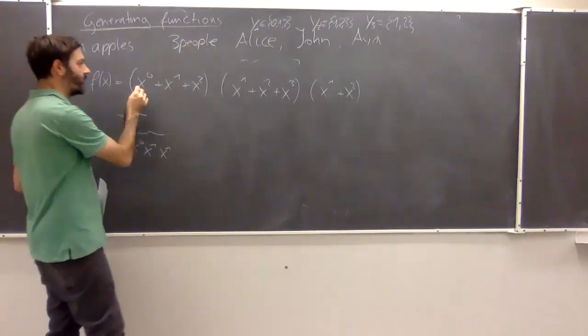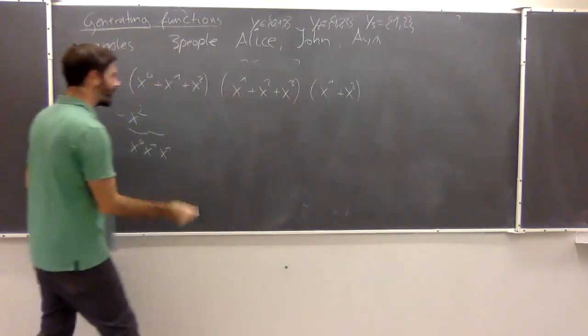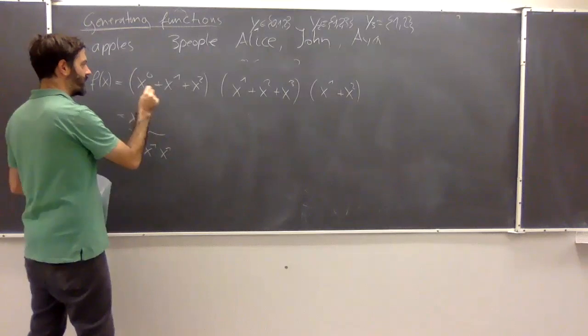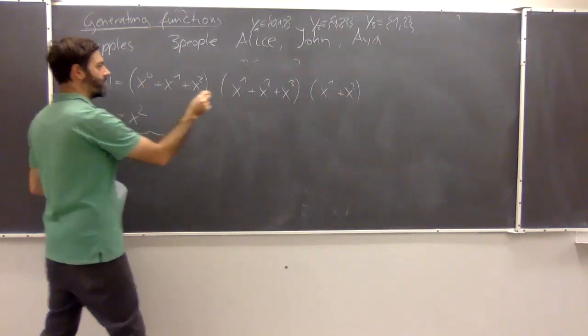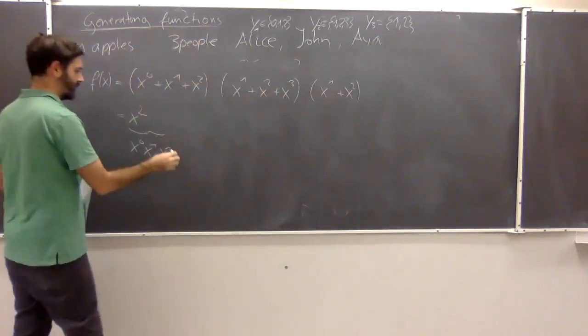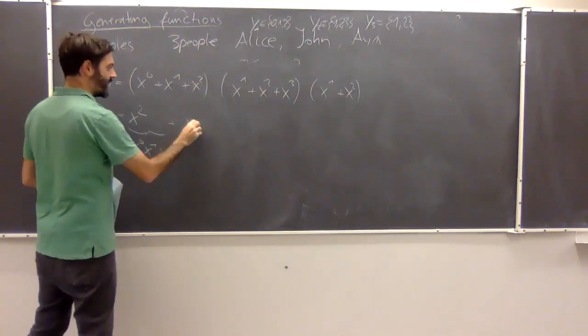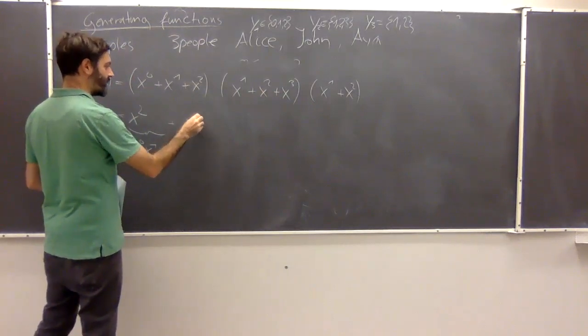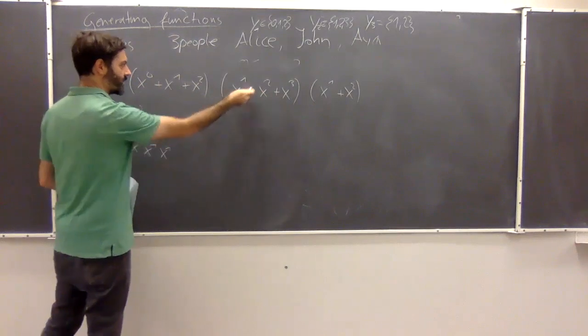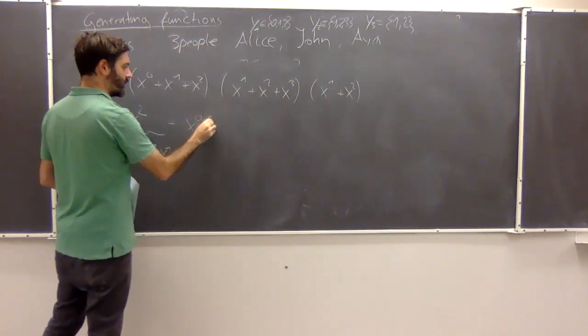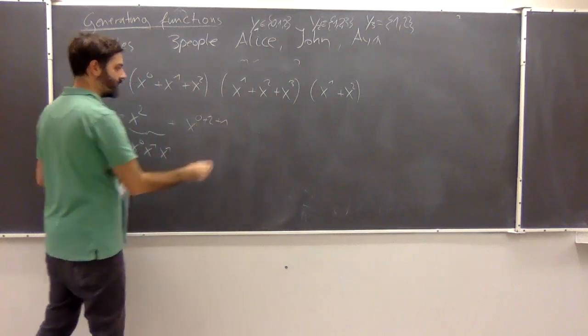Next one would be, for example, x to the power 0 times x to the power 2 times x to the power 1.